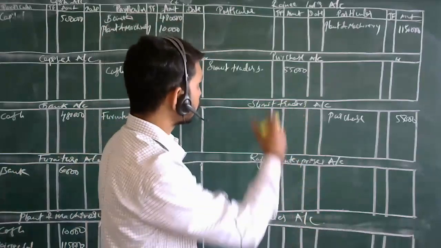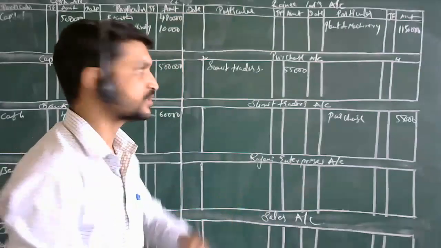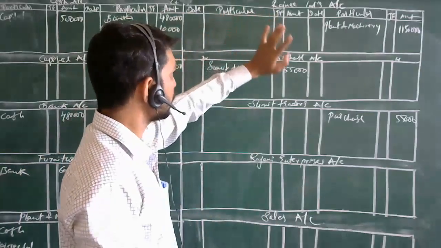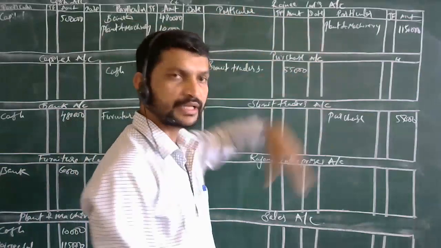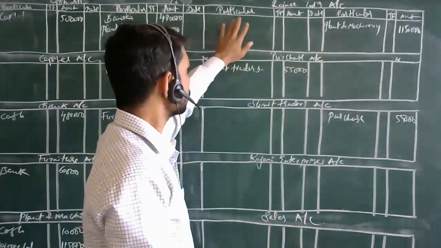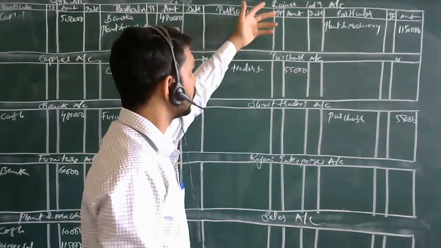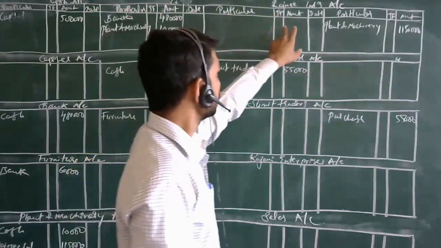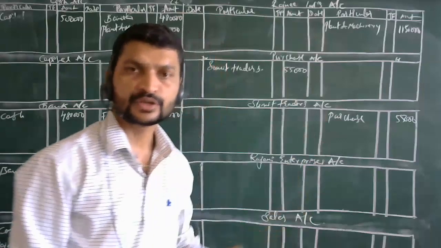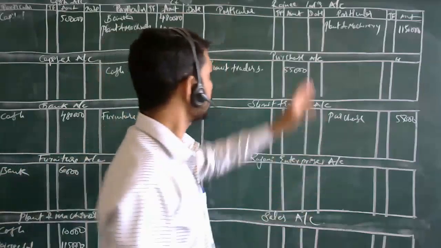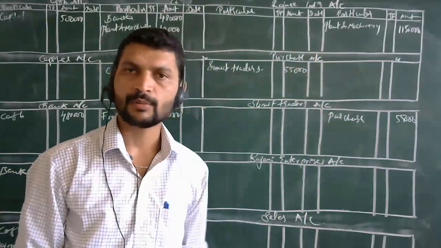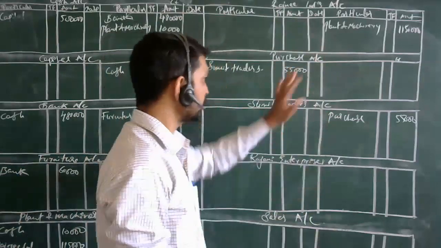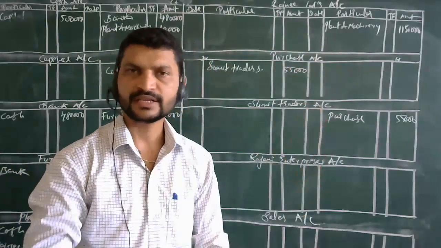In this, we have discussed what all things will come: the date of the transaction, then the particulars, the name of the items you are mentioning here, then the general folio where the page numbers are written, and the amount, whatever amount has been taken, you will mention over here. This is all about it.